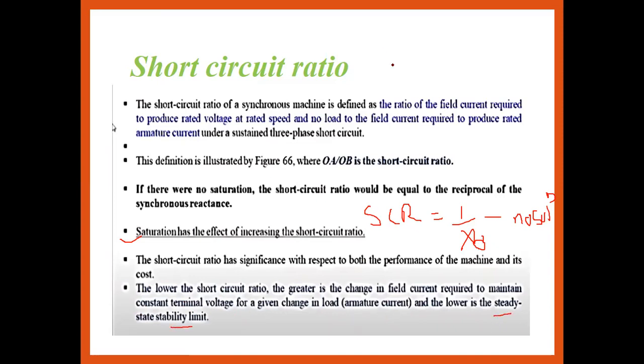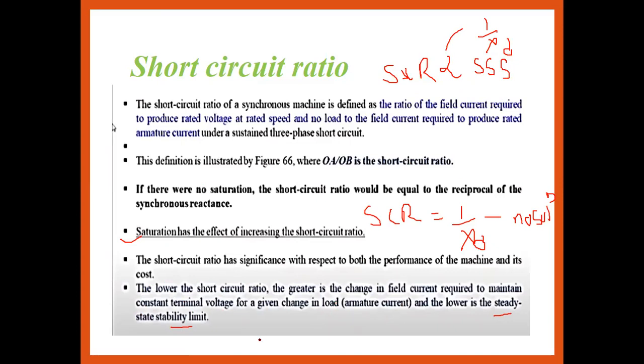Means the SCR is directly proportional to the steady state stability, and the SCR is inversely proportional to XD, that is 1 upon XD, so XD is inversely proportional to the steady state stability. So the lower the value of SCR, the lower the value of steady state stability.